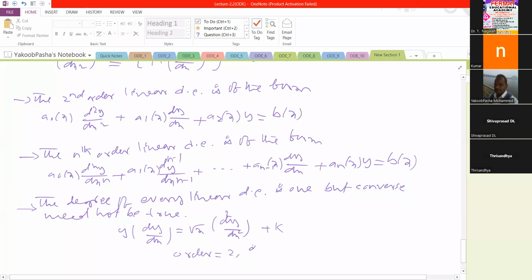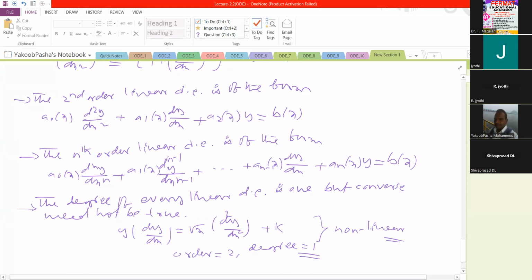Order is 2, degree is 1. But it is not linear, because the product of the dependent variable and derivative is here. So it is a non-linear differential equation. So we can conclude that the degree of every linear differential equation is 1, but the converse need not be true.